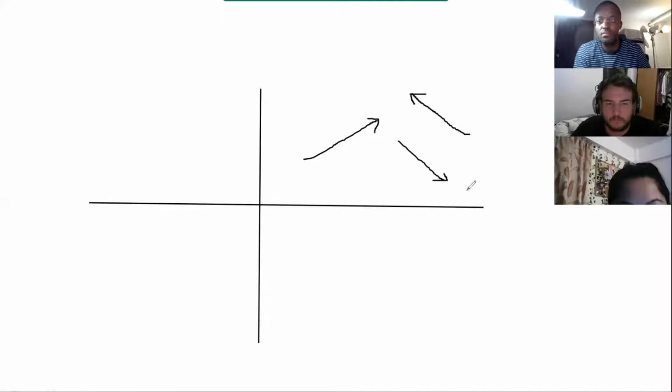However, if it points in this direction, you see that it's pointing in the second quadrant. To know what quadrant the vector is pointing to, you take its tail and translate it parallel to itself until its tail touches the origin.